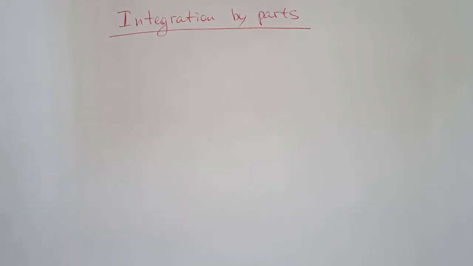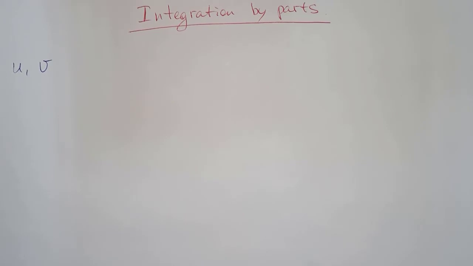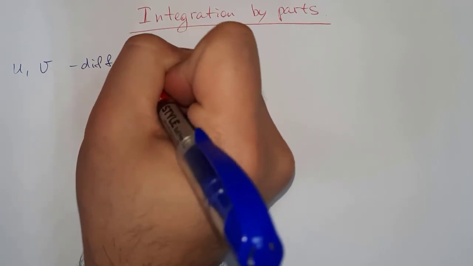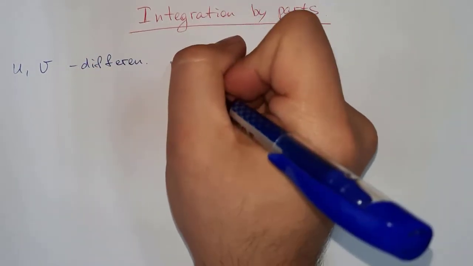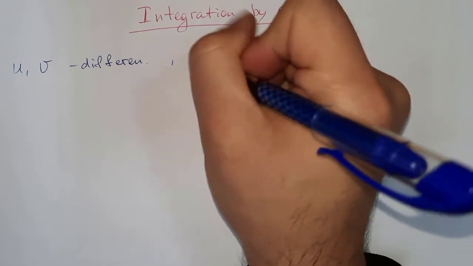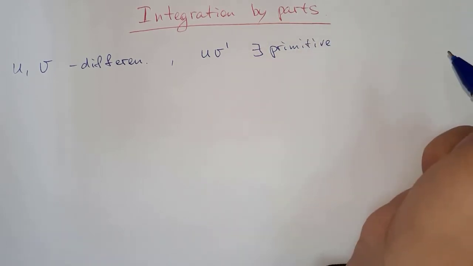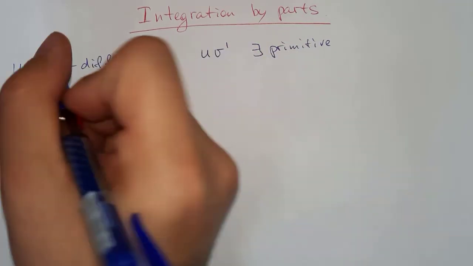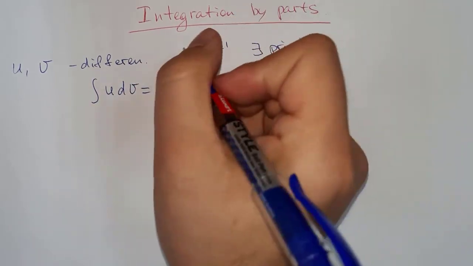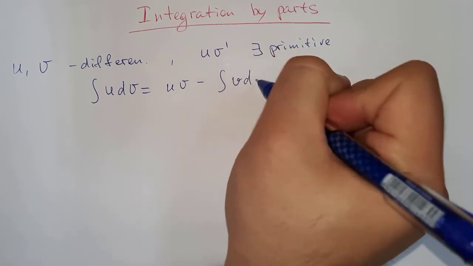If functions u and v are differentiable, and for u times v prime there exists a primitive of this function, then the integral of u dv equals uv minus the integral of v du.